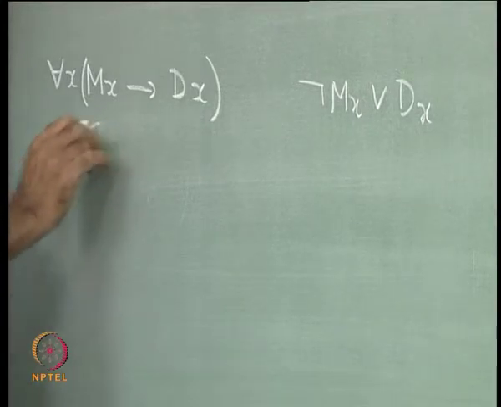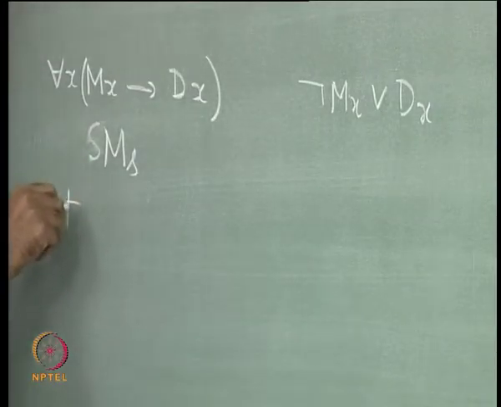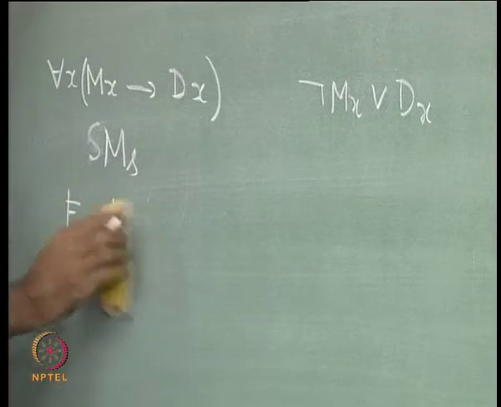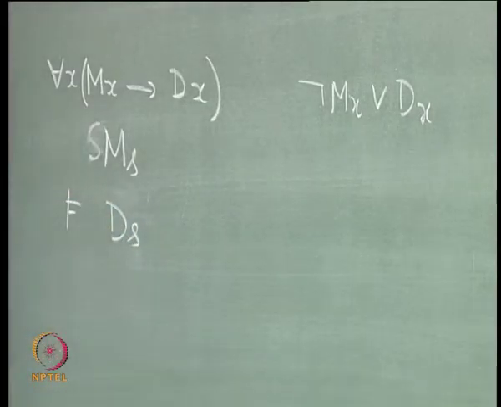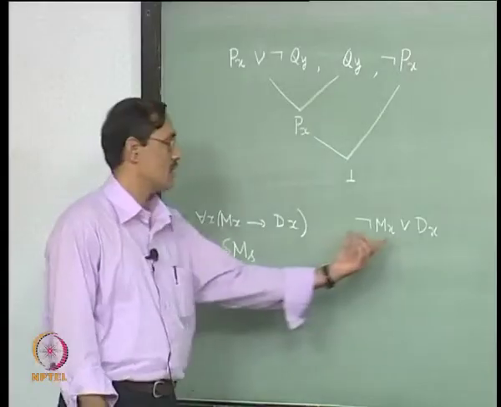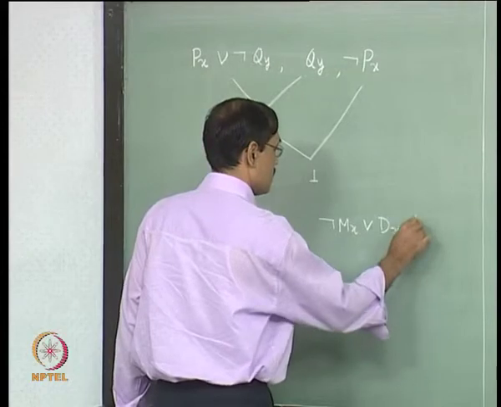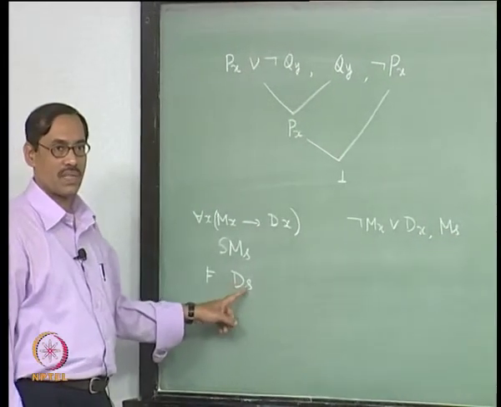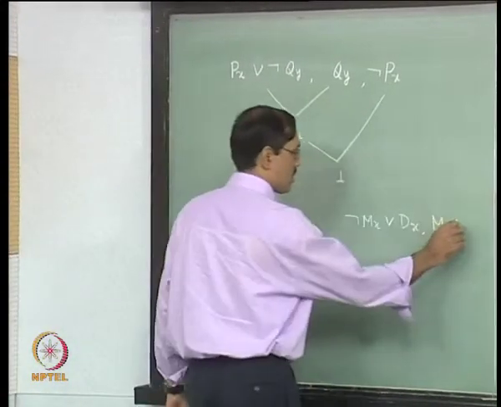So, you would write ms, s is a constant now, fine, from which you want to conclude that Socrates is mortal. So, that will be ds. Okay. So, now in this side you have the clause set as not mx or dx, then another clause is ms, okay, and using reductio ad absurdum not ds will go to the premises set, right. So, you have not ds.